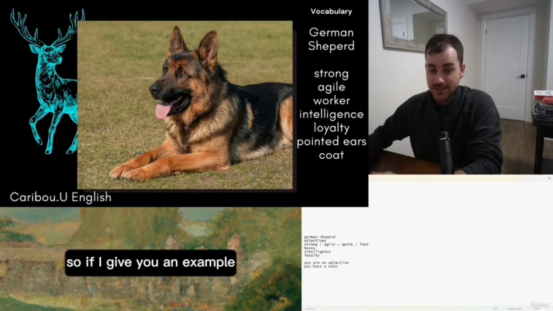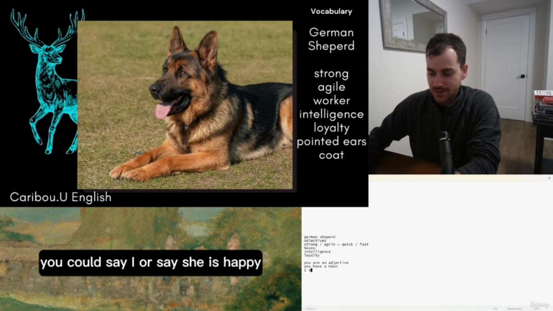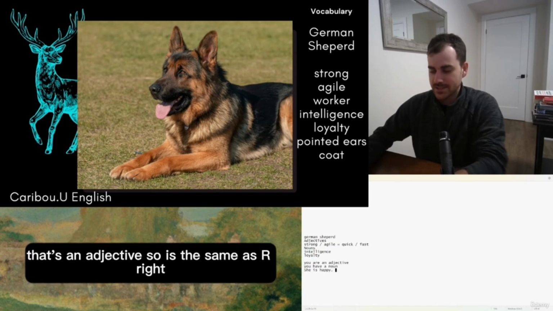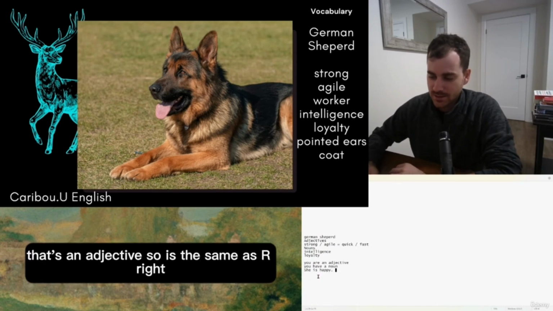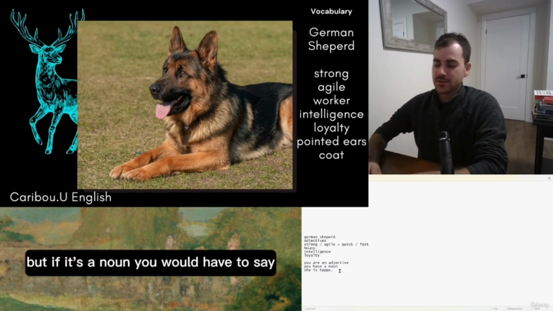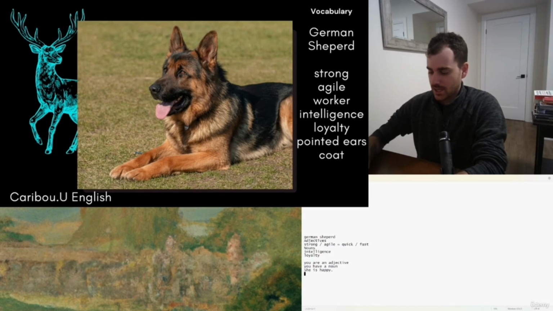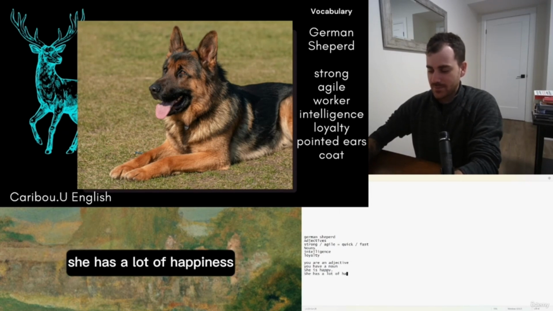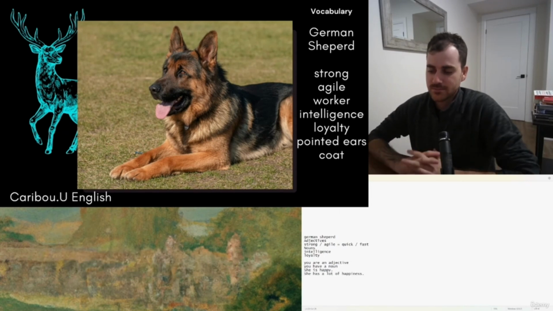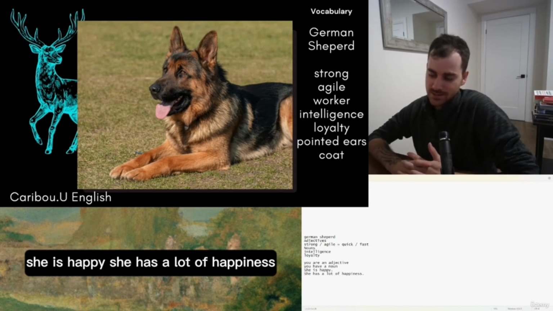So if I give you an example, you could say, let's say, she is happy. That's an adjective, so is the same as are, right? But if it's a noun, you would have to say she has a lot of happiness. She is happy, she has a lot of happiness.